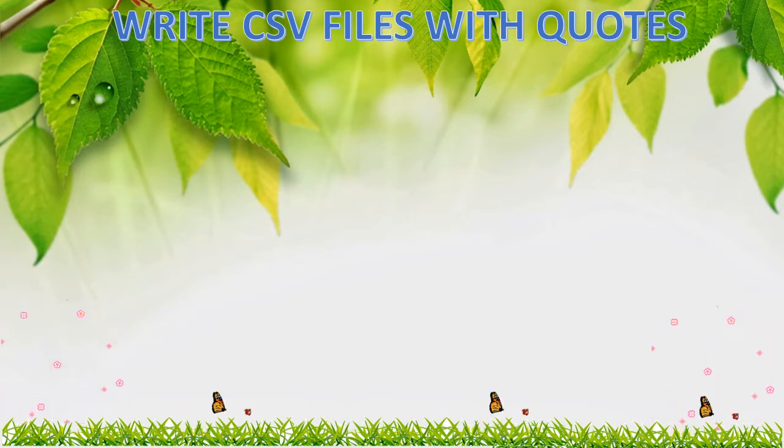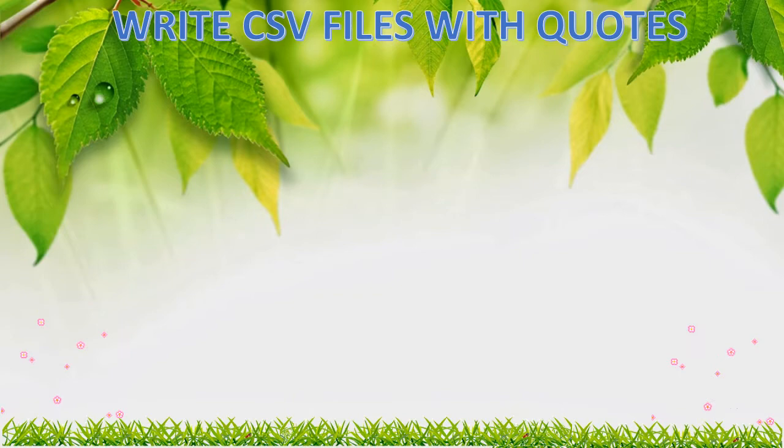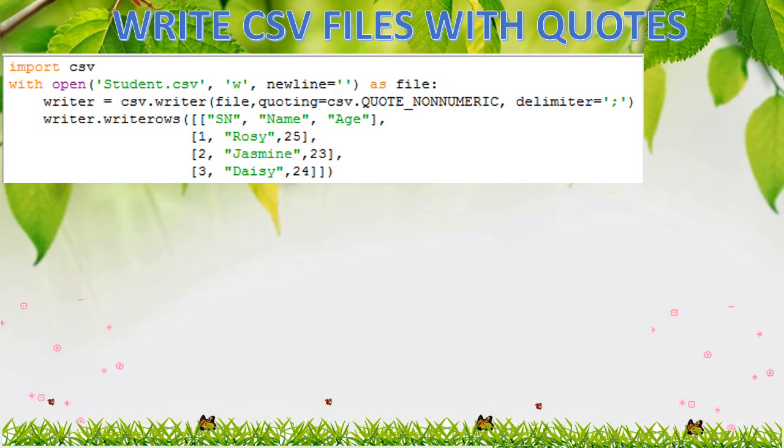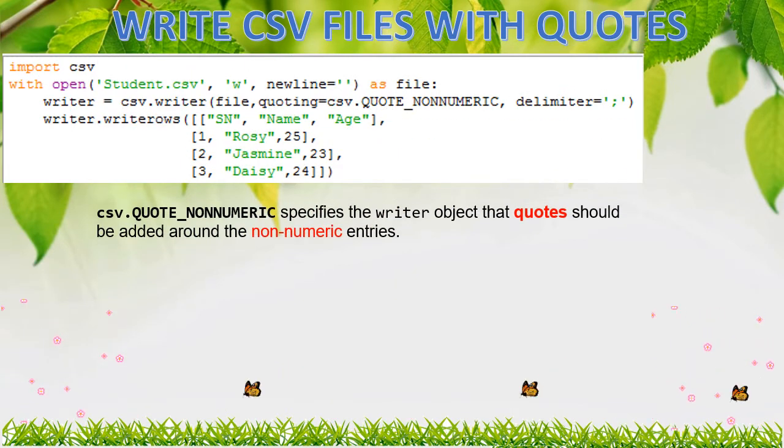And next, we can give the quotes in the CSV file. The data will be enclosed by the quotes. For that, we can use the attribute quoting equal to csv.QUOTE_NONNUMERIC, means the data will be quoted.